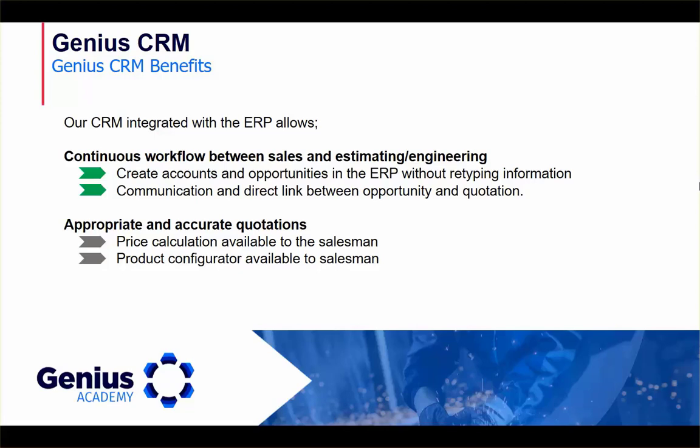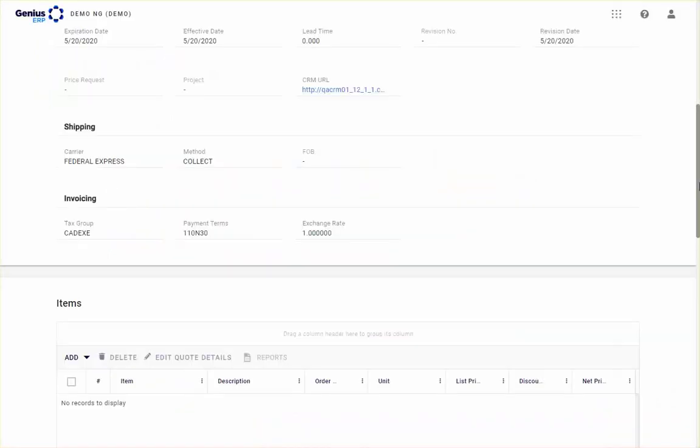How does that behave? We saw the direct link. So we saw that there was a strong link between the opportunity and the quotation. So it's really easy for users, for sales, and for estimators to have more information about those two, and to be able to find the original documents from the CRM and from the ERP.